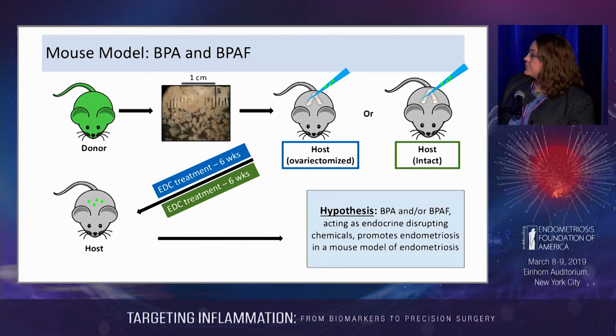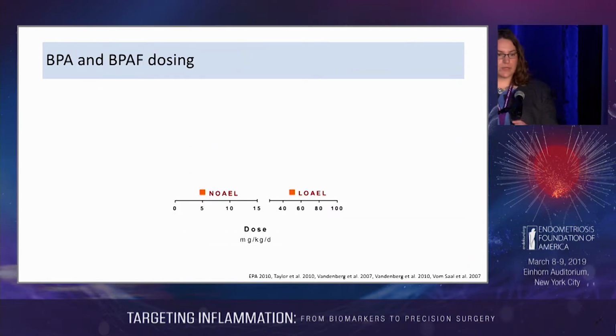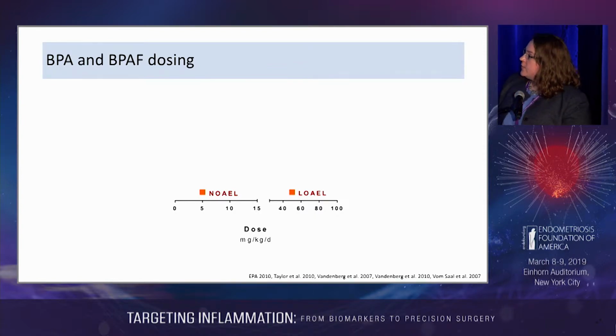We first hypothesized that BPA and BPAF are able to act as endocrine disrupting chemicals on the development or promotion of endometriosis. To do this, we wanted to make sure that we were within limits presented by the EPA. The EPA publishes the no observed adverse effect level, the NOAEL, at 5 mg per kg per day, and the lowest observed adverse effect level is published at 50 mg per kg per day.